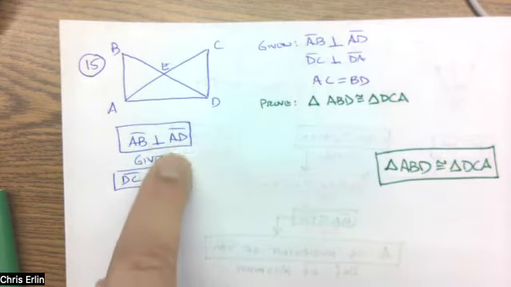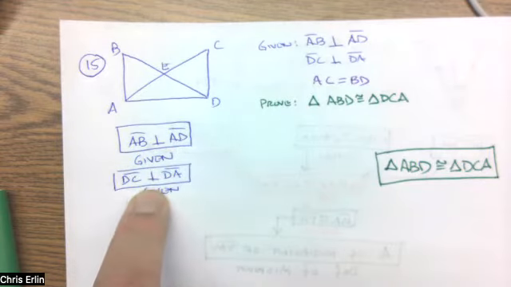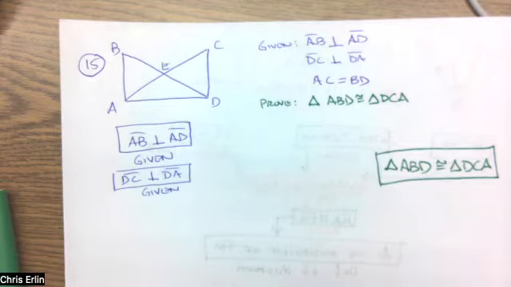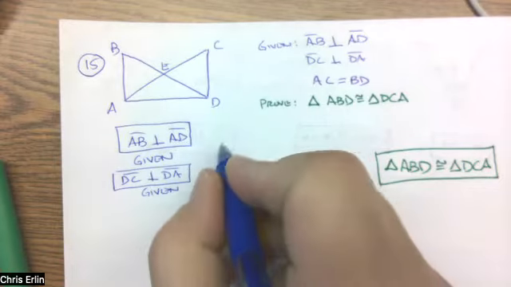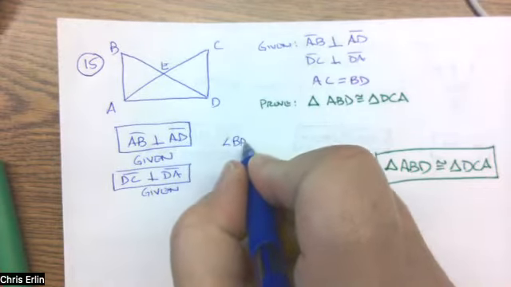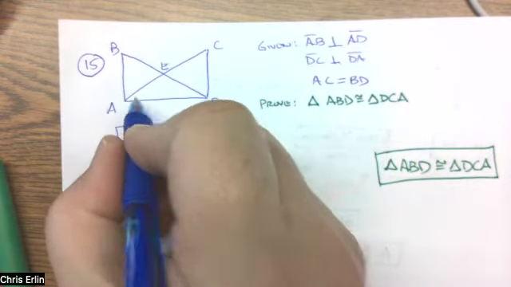I haven't written the third given down yet, and I'm doing that purposefully. What information is this giving us? How am I going to use that? Good. We can't call it angle A though, can we? What do we call it? Angle BAD. That's this one.